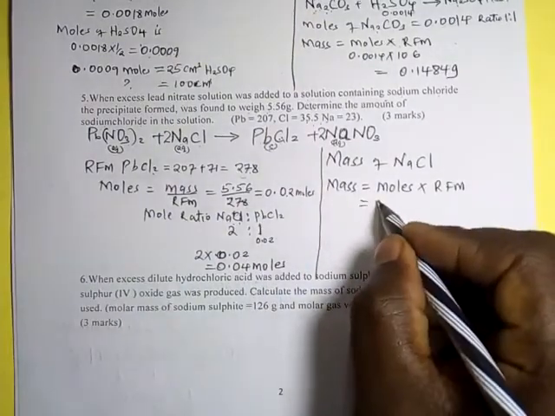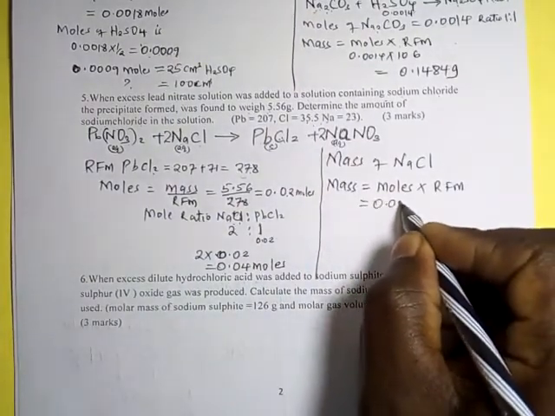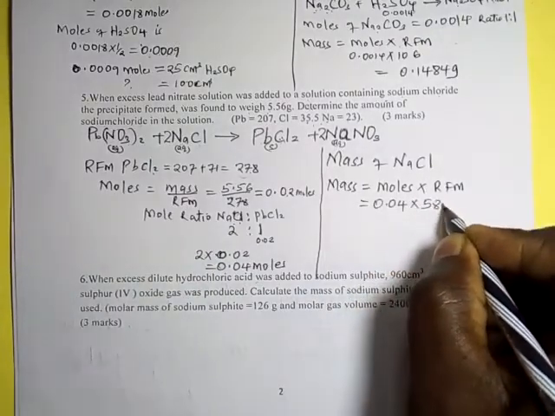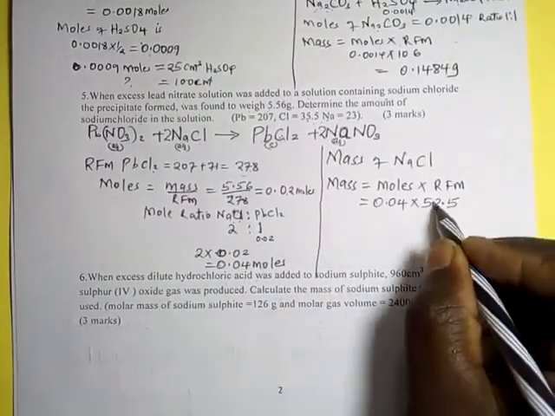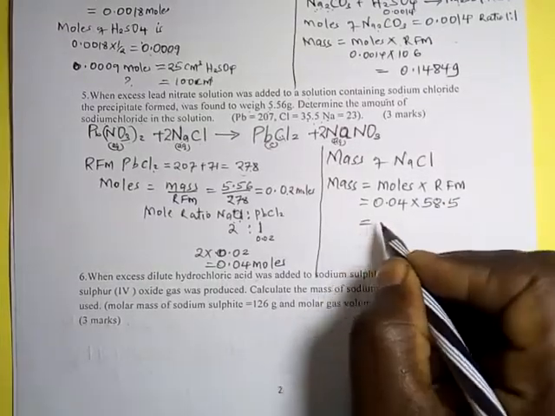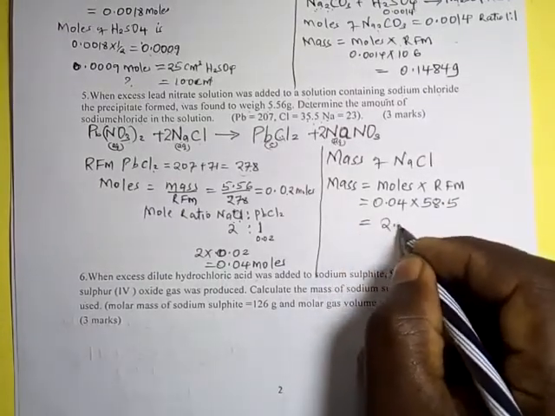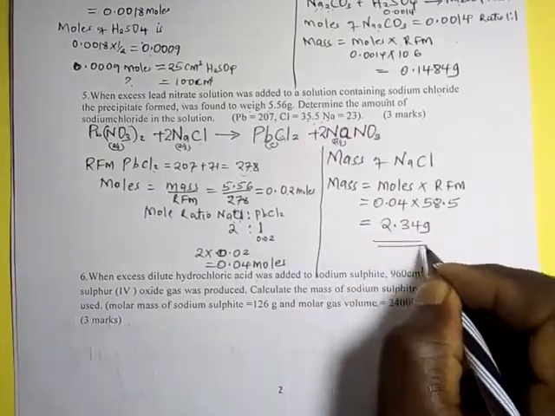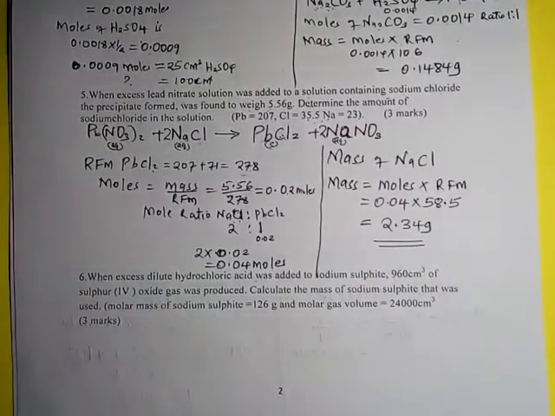So this is 0.04 times 58.5, the Rfm of sodium chloride, and this will give us 2.34 grams. That is the mass of sodium chloride that was used.